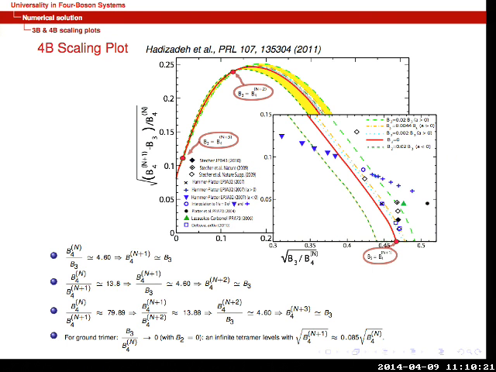This is just a prediction that we can make for the ground trimer. Of course, this is not valid for the other states because the energy ratio for 2 successive trimers is 550, so it cannot be in this range.